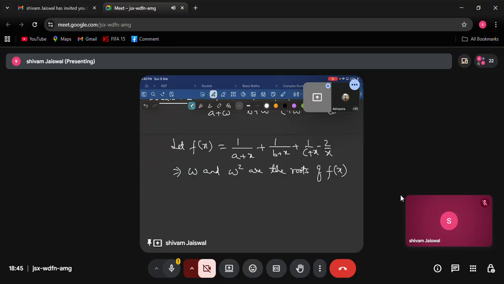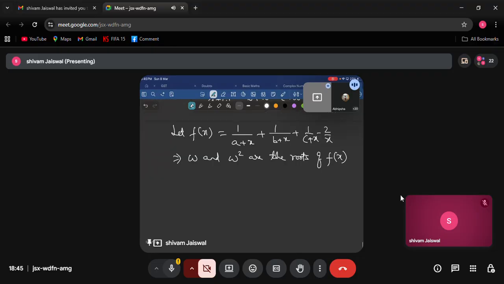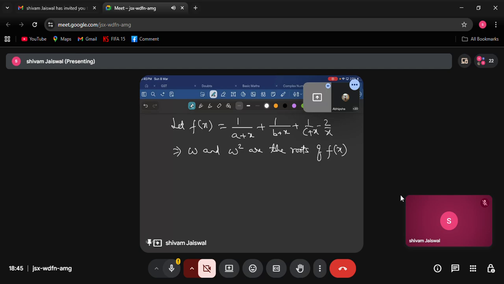Okay, let us simplify this expression. Now f of x is equal to 1 upon a plus x plus 1 upon b plus x. Taking 1 upon c plus x to the right hand side, 2 upon x minus 1 upon c plus x.